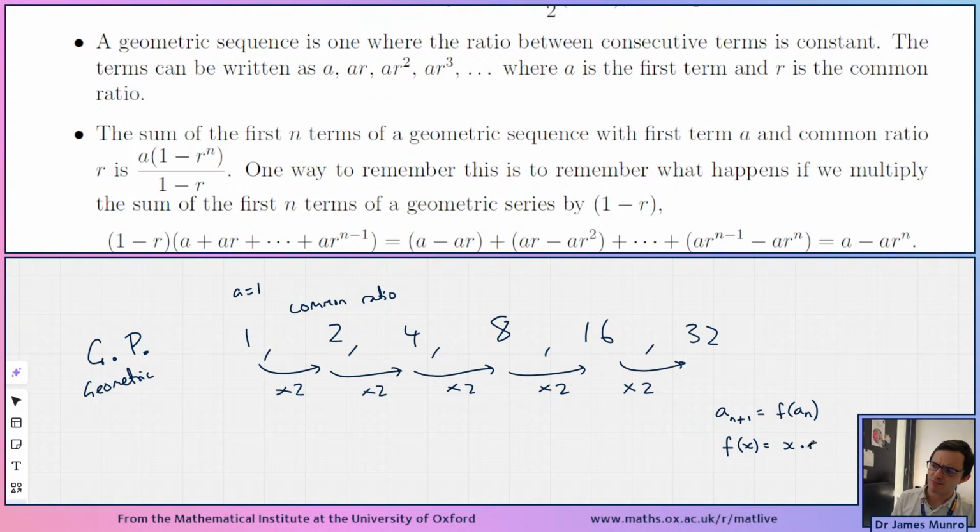Is that clear that I'm multiplying? I'm multiplying by r, in this case 2. Maybe I should do r dot x. I don't want to do a times symbol because it will look too much like x. Yeah, whatever. There we go. Good.